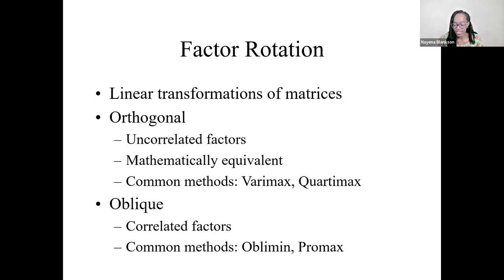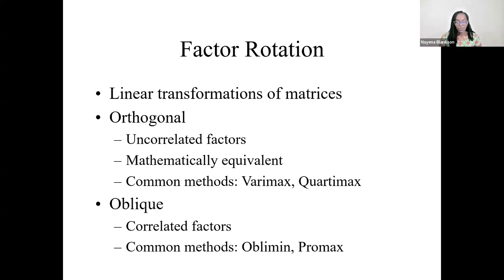In this kind of instance, the researcher is assuming that factors are independent from one another. All orthogonal rotations are pretty much mathematically equivalent to each other, as well as to the initial solution before it was rotated. The purpose of the rotation is really to clean things up, to help you with understanding how the items or variables are going together.